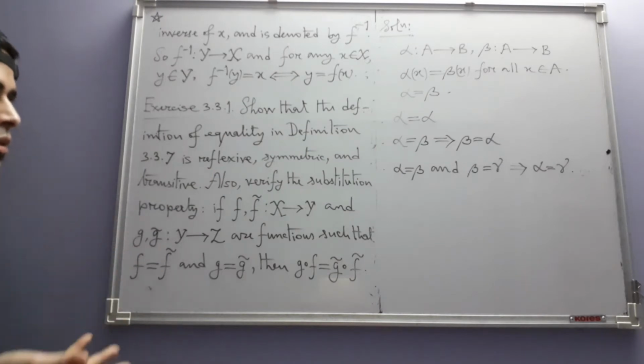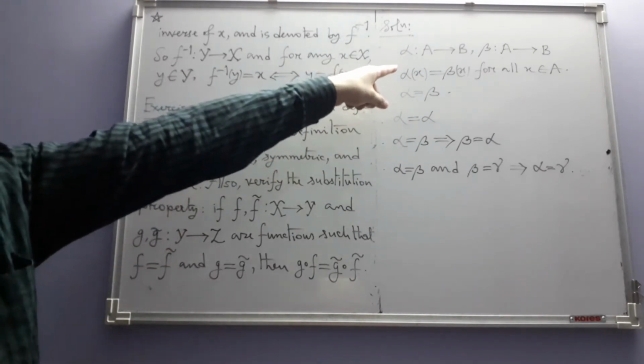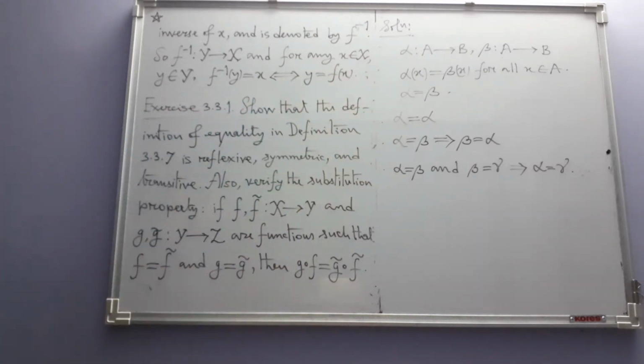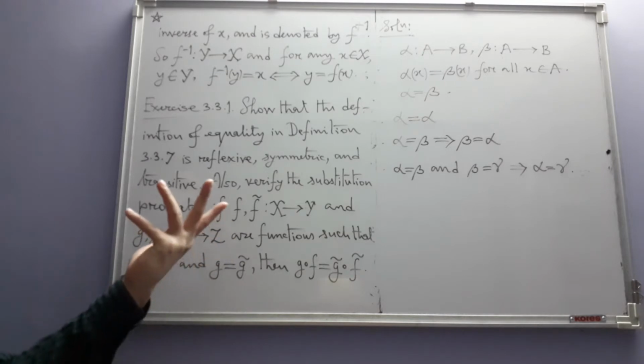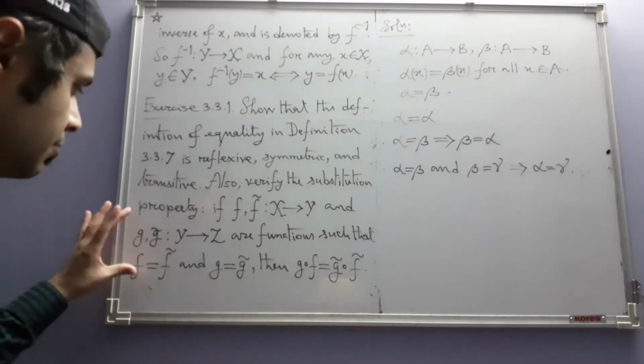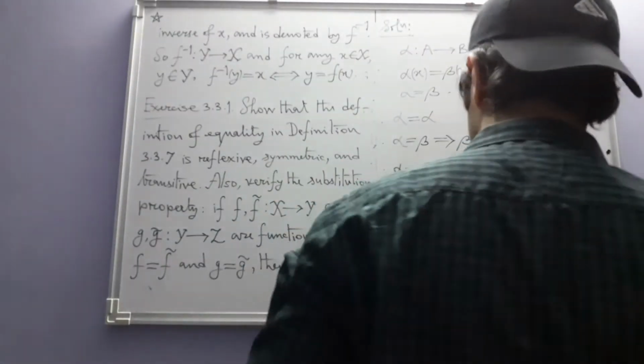And you can see that if you apply the definition 337, this definition of equality of functions, then these three things are actually obvious. So we are not going to show them here in the solution. Instead, we will just mention that they are obvious. We will instead look at this part, the second part of the exercise.